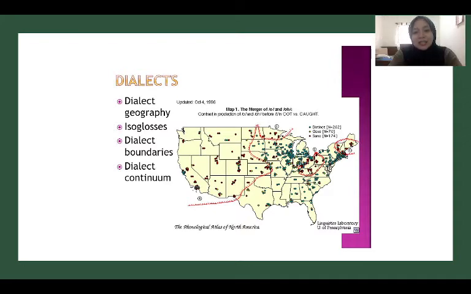So this is the case, hence the red dots on the right side of the map. The dots show the different use of dialects in this state.